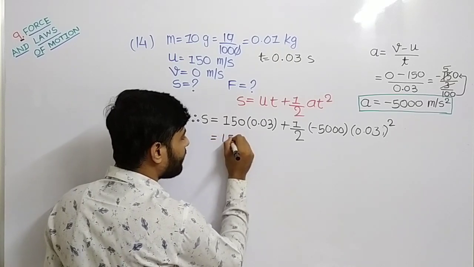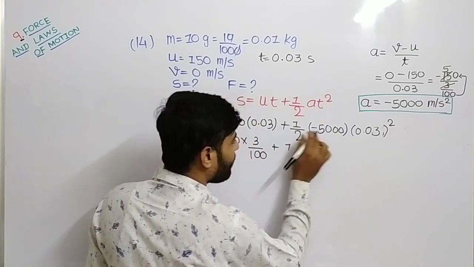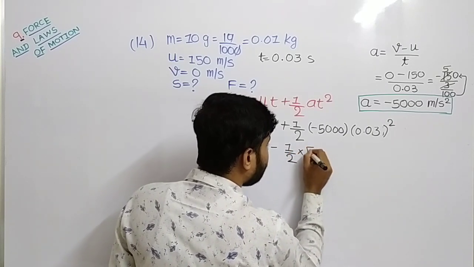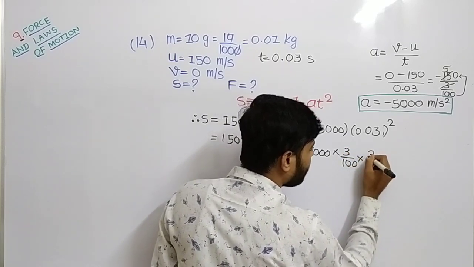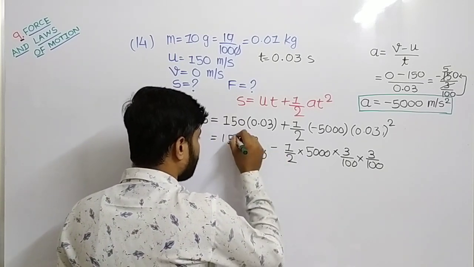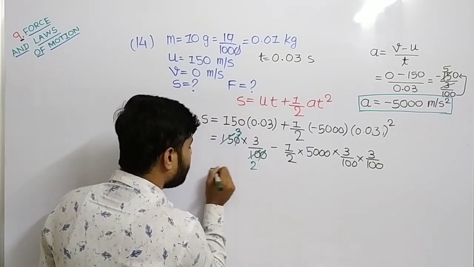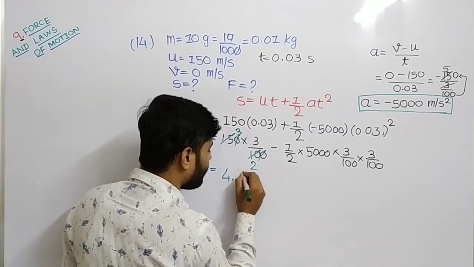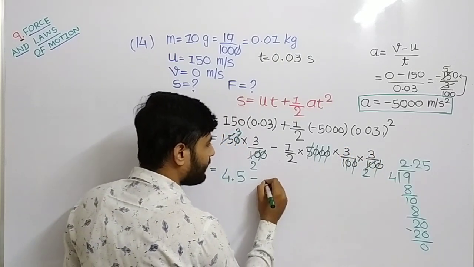So here I have 150 into 3 divided by 100, plus, I will put here minus, half into 5000 into 3 by 100 into 3 by 100. This 0 will be cut. So I have 3 into 3, that is 9, divided by 2, that is 4.5. 3 threes are 9, divided by 4, 2.25.